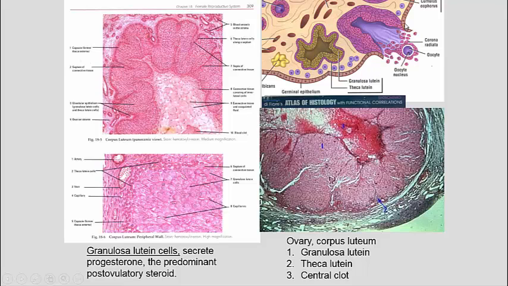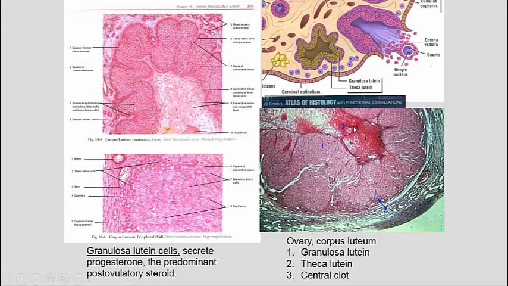So here we can see as ovulation occurs, it has to rupture to get out of here, and then finally that gets transformed into both a granulosa lutein cell and a theca lutein cell, which is on the outside, which were just basically fibroblast connective tissue in the very beginning.